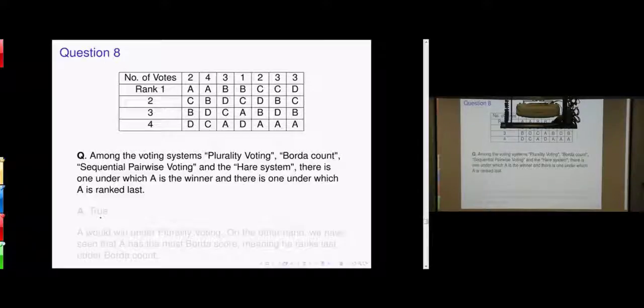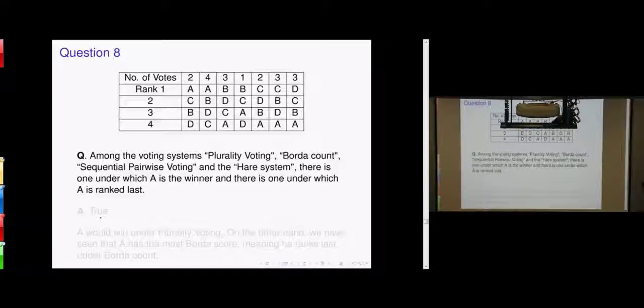Question A says, among the voting systems, plurality, Borda count, sequential pairwise voting, and another system, there is one under which A is a winner, and there is one under which A is ranked last.